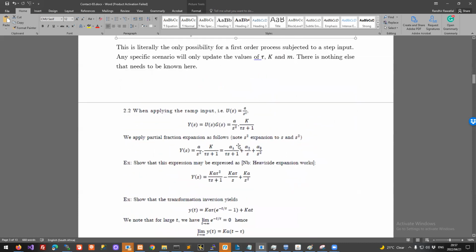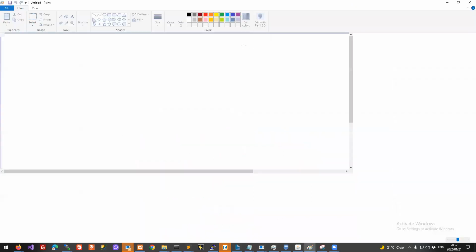So let's look at some other things that we could do. We could also apply a ramp input instead. So instead of shooting from one value to the next value, let's say we were carrying on at a single value, and then we began increasing that value as a ramp. So let's have a quick drawing of that.